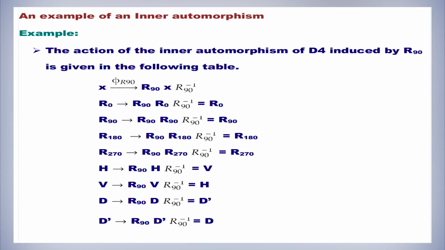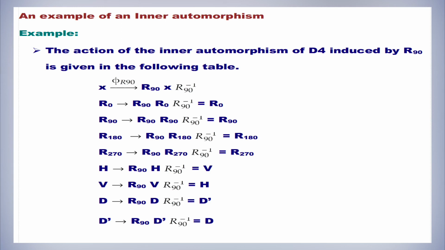x goes to R90 x R90 inverse. R0 goes to R90 R0 R90 inverse, which is equal to R0. R90 goes to R90 R90 R90 inverse, which is equal to R90. R180 goes to R90 R180 R90 inverse, which is equal to R180.